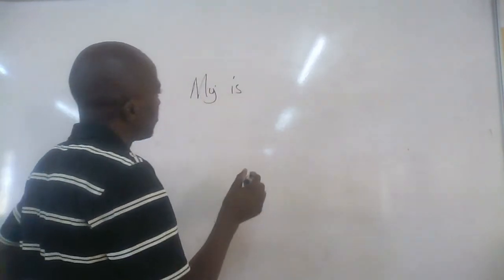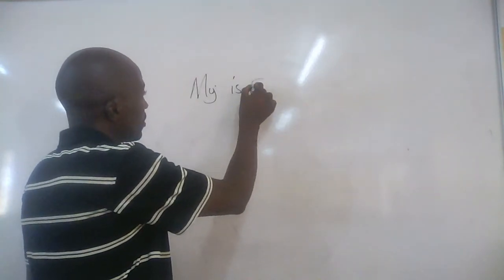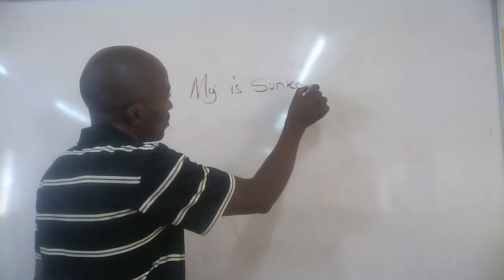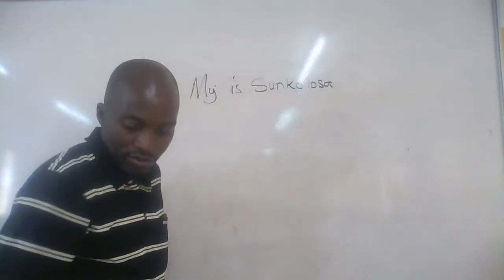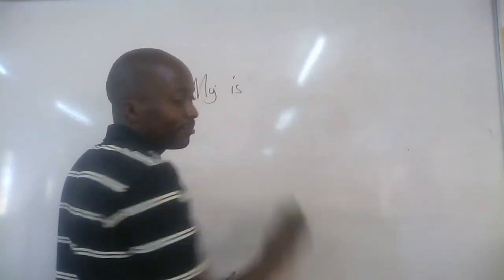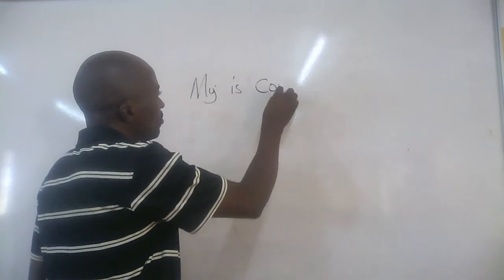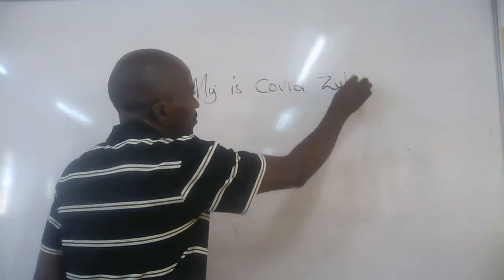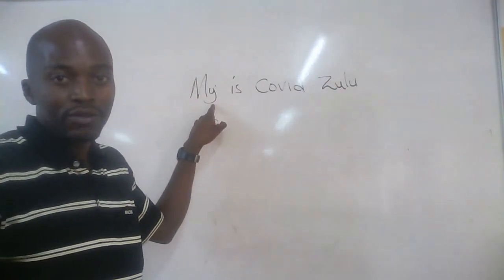for example, if you are Sunkalosa, or, let me just give you a simple name, if you are Covid Zulu, you're going to type this on the keyboard, on your computer.